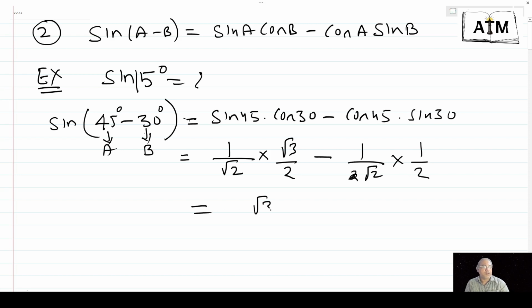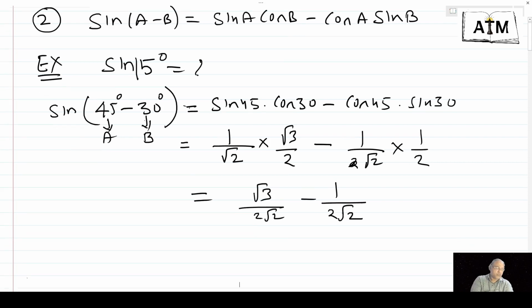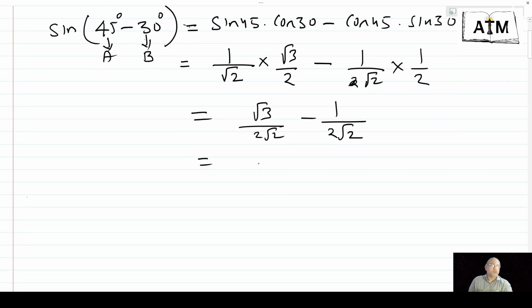So this can be written as root 3 upon 2 root 2 minus 1 upon 2 root 2, which equals root 3 minus 1 upon 2 root 2. This is nothing but sine 15. Thus the sine of A minus B formula can be utilized to find the values of trigonometric ratios for some specific angles.